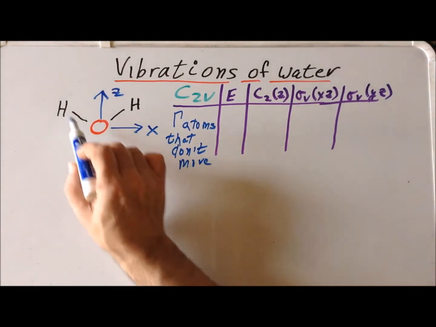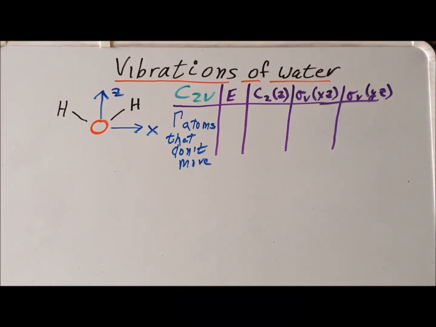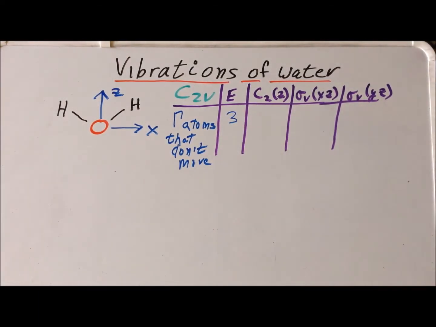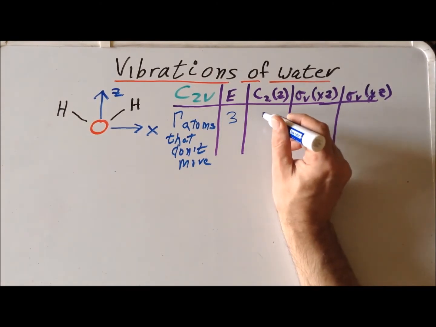Under the E operation, all three of the atoms in the molecule remain where they are, so the character for this particular representation is a 3 for the E operation. The C2 operation goes around the z-axis, takes this hydrogen to that hydrogen, this hydrogen gets moved over to here, but the oxygen atom stays where it was, which is always true when we have something that sits exactly on the symmetry operation. So here we have one atom that doesn't move.